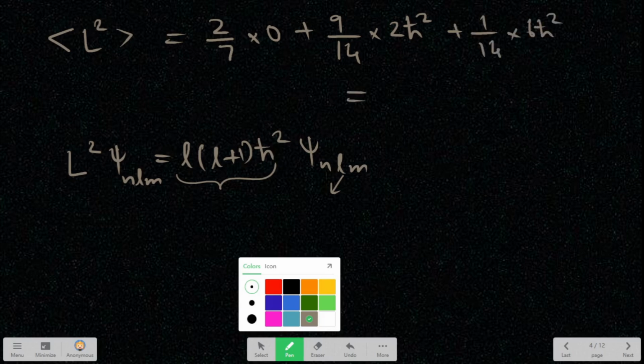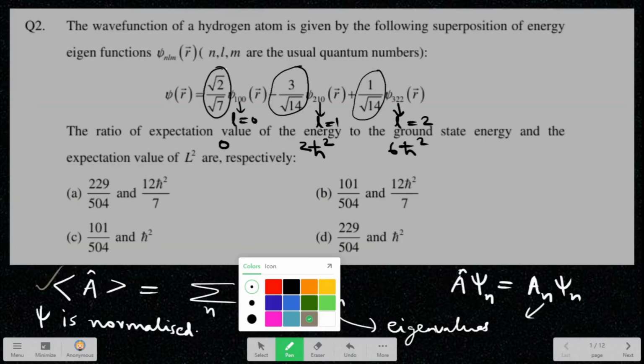So this evaluates to be 12 h bar square upon 7. So the correct option is option A.